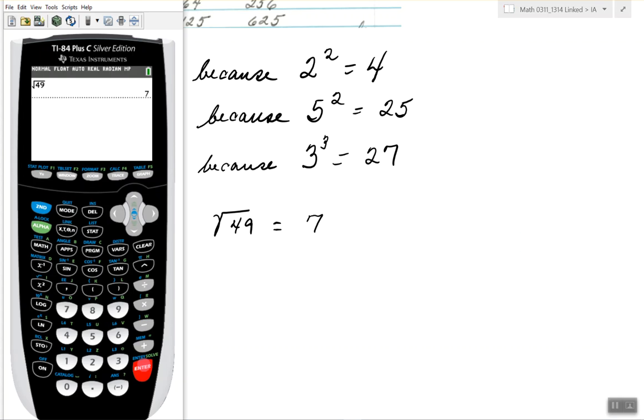If I want to take other roots other than square roots, where the index is different, then I look at the math menu. That's the third key down on the first column. And you can see that choice number 4 is cube root. So if I choose number 4, depending on the model of your calculator, it may look like that. It may not look as good as that.